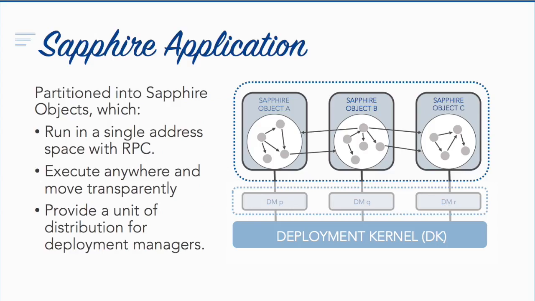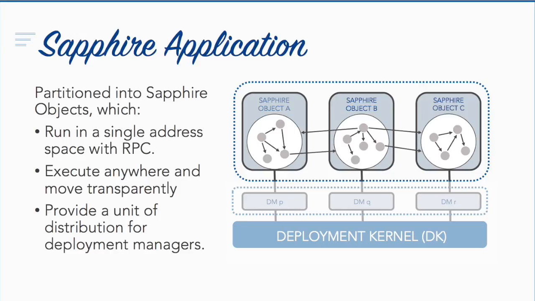So the first is the Sapphire application. This piece encompasses all client and server-side application logic, and it is made up of Sapphire objects. The application model is object-based, and it can be integrated with any object-oriented language, but in this particular paper and their test implementation, they only use Java.